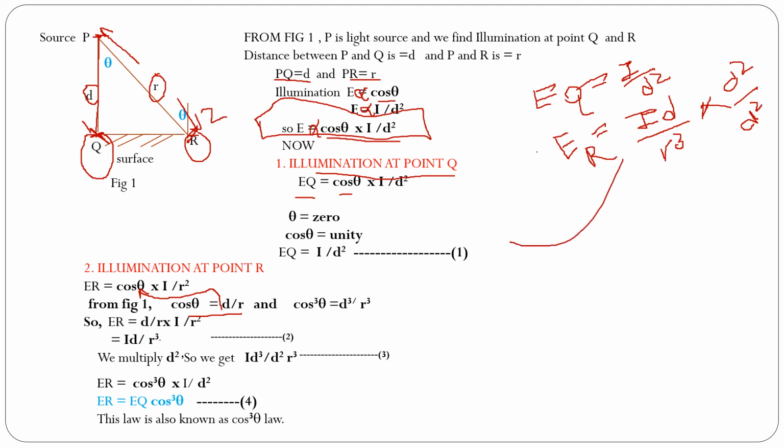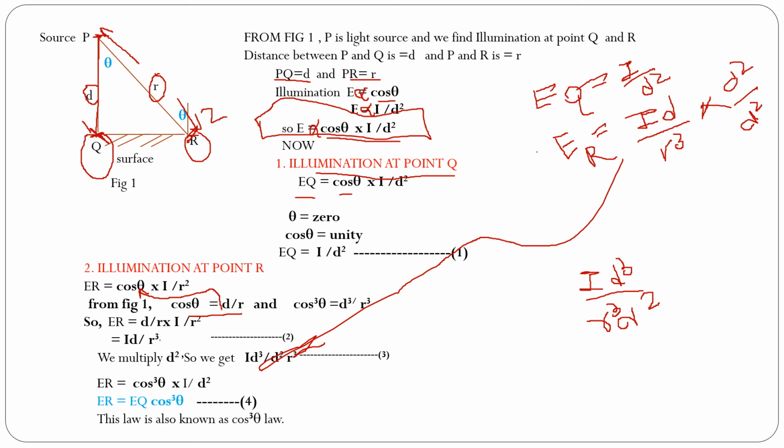So I get I d cube divided by r cube into d square.